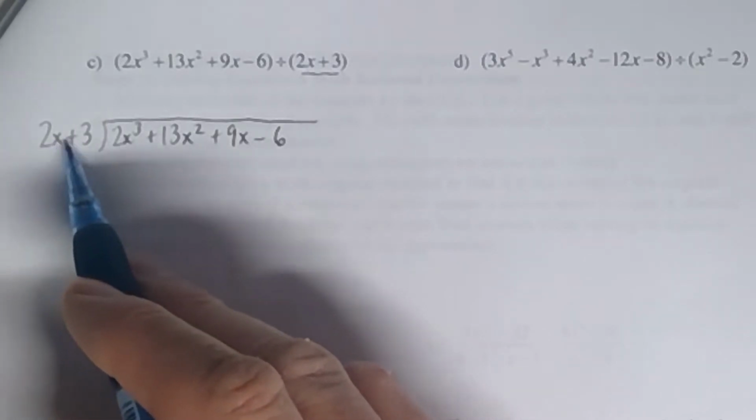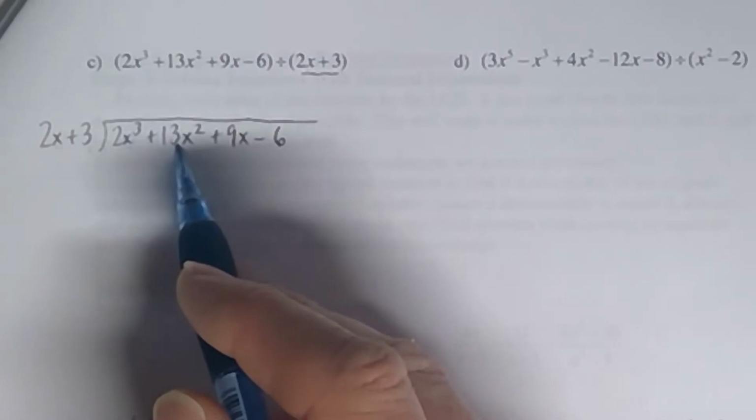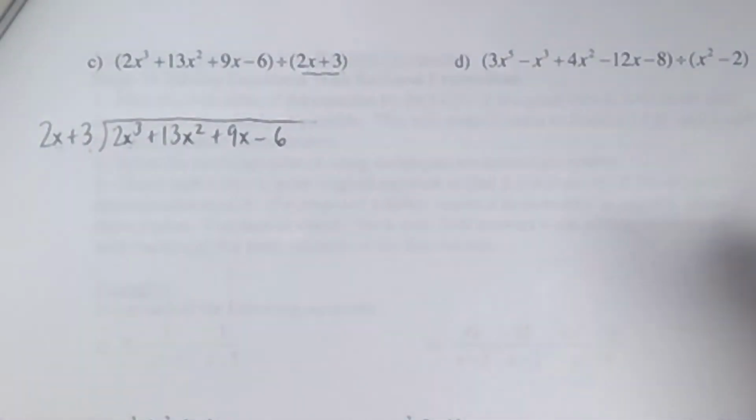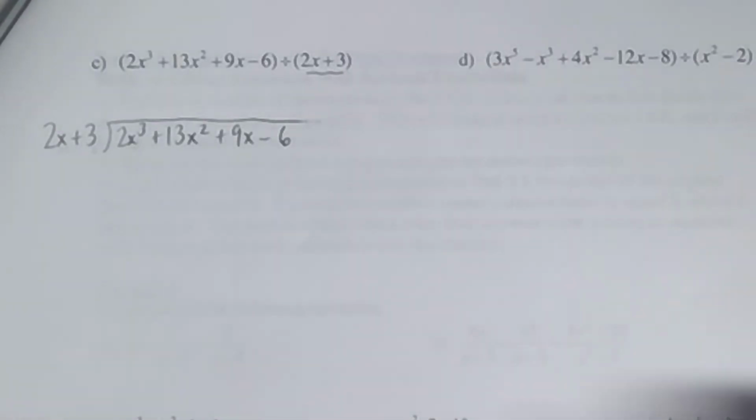So you've got x to the first and then no x at all. Here you've got x to the third, x to the second, x to the first, and then no x at all. Make sure that the exponents go in descending order like that. Very important, that's going to really matter for the overall process. So divide, multiply, subtract, you guys.